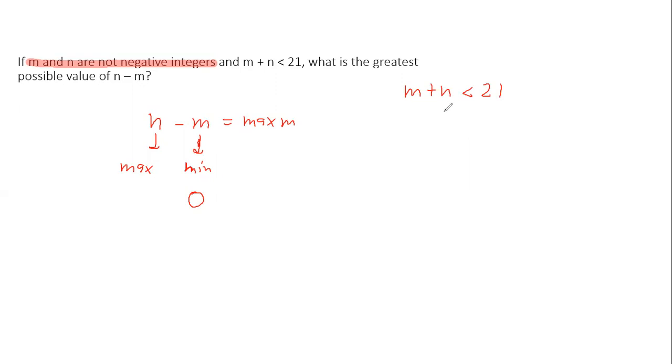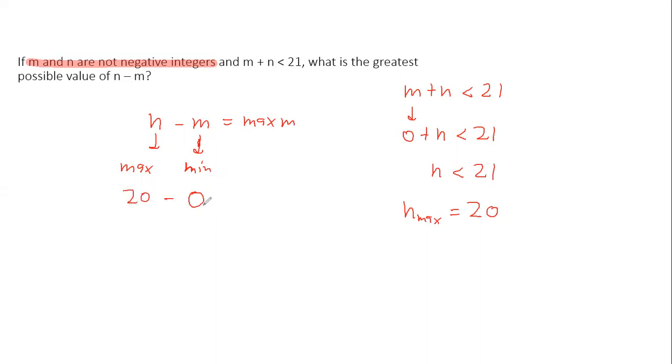So let's put m as 0. So 0 plus n is less than 21, which means n is less than 21. Now what's the maximum possible value of n less than 21? The maximum possible integer is 20. So the maximum value of n is 20.